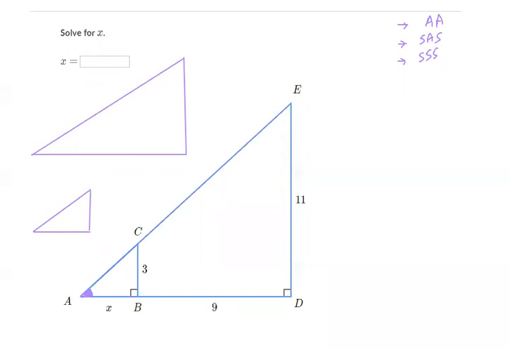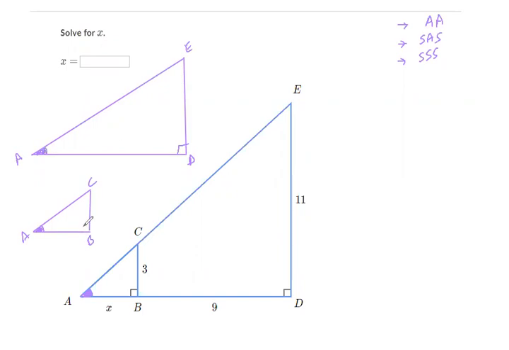So this is 90 degrees, which is D, and this is E, and this is A. That's B, C, and A.